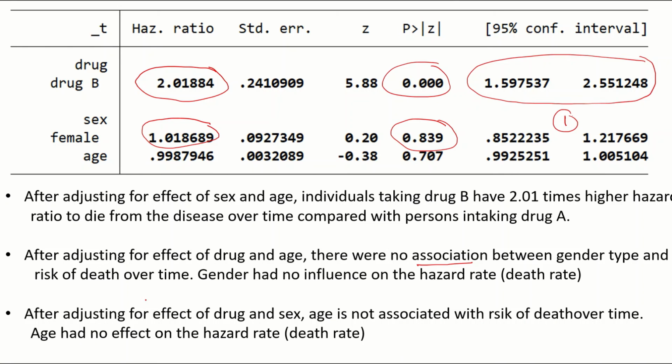And finally, for the last risk factor, which is a continuous predictor, after adjusting for the effect of the drug and the sex, age is not associated with the risk of death over time, as the p-value is greater than 0.05 and also the 95% confidence interval includes a value of 1.